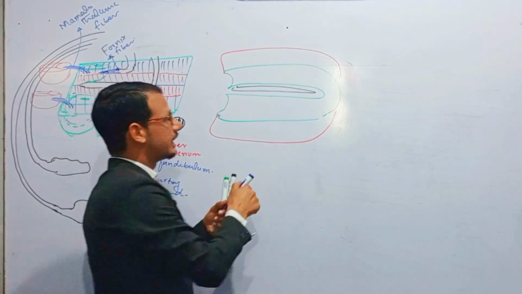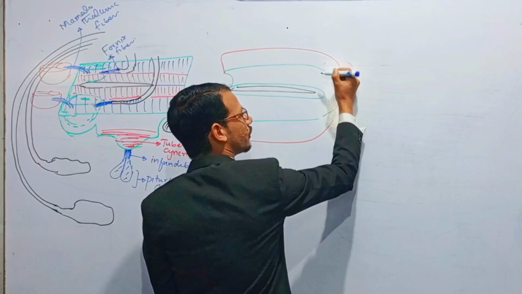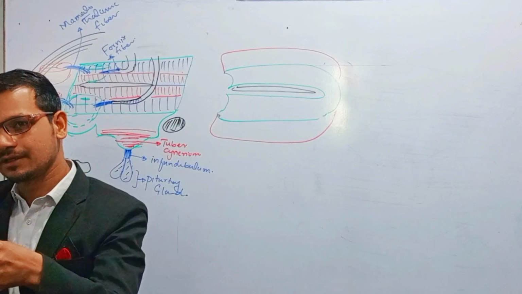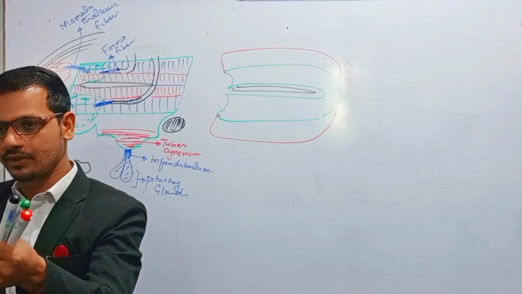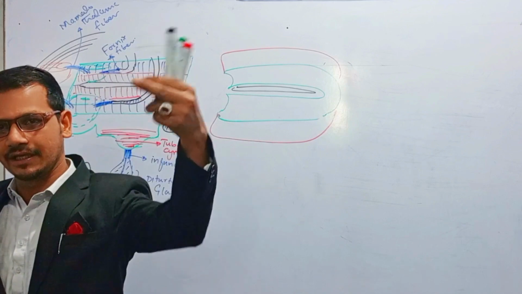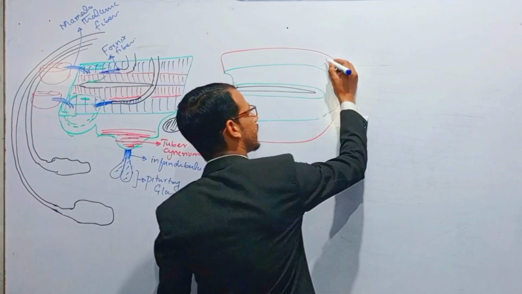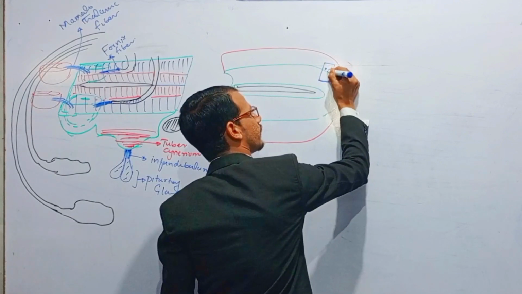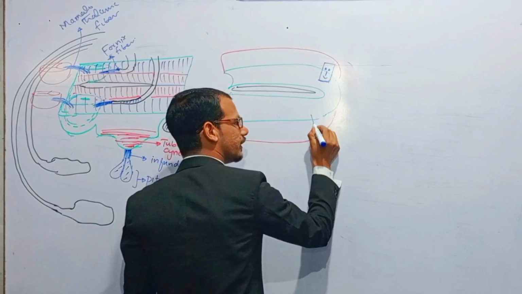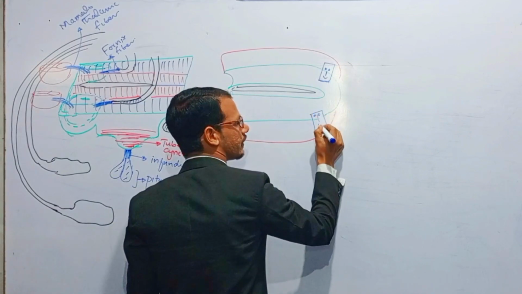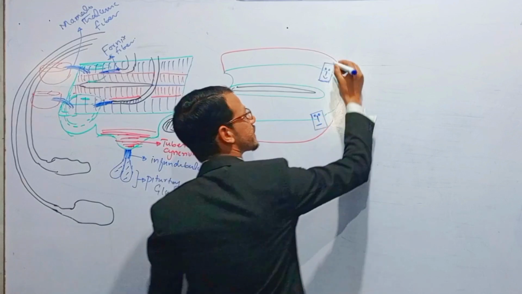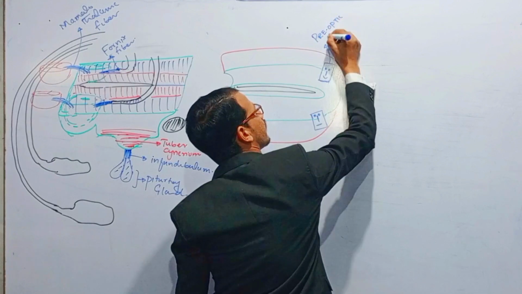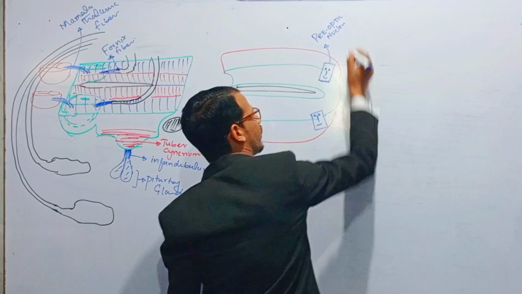Which nuclei is present here? Preoptic nuclei. Preoptic nuclei have two parts, one lateral and one medial. It means this nucleus is present in both medial and lateral areas. For example, here this is that nucleus, and here also this is that nucleus, which is called the preoptic nuclei.